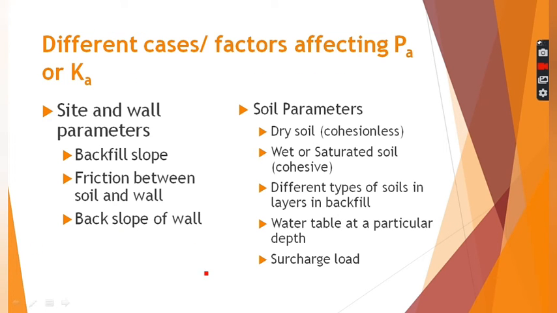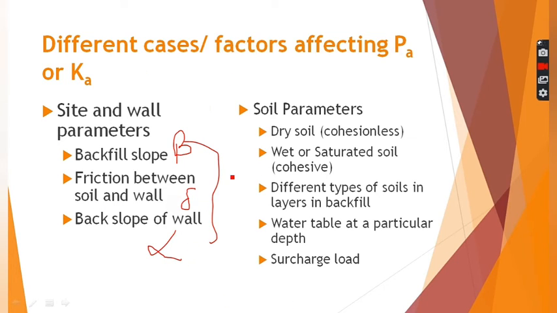I have summarized and explained all these in the coming slides. So we have studied these cases, that is soil and wall parameters, which are backfill slope, friction between soil and wall, and back slope of wall. Backfill slope means the beta angle, friction between soil and wall means the delta angle, and the back slope of wall means the alpha angle.